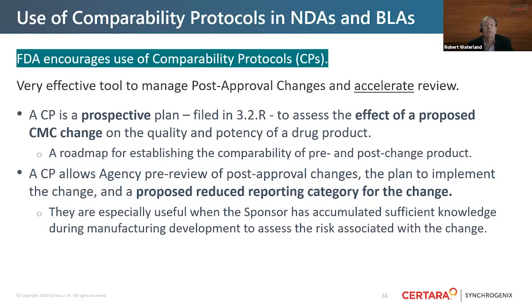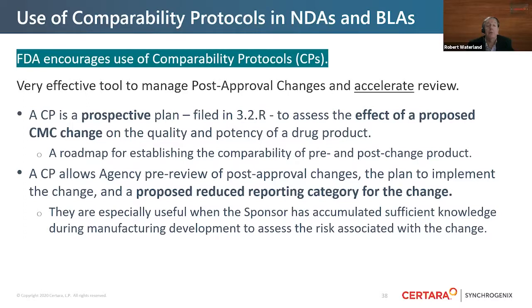So for example, suppose you expect that in the future you'll be making additions of additional drug product plants to your manufacturing network. You can file a generic DP site comparability protocol and file that with your original BLA.